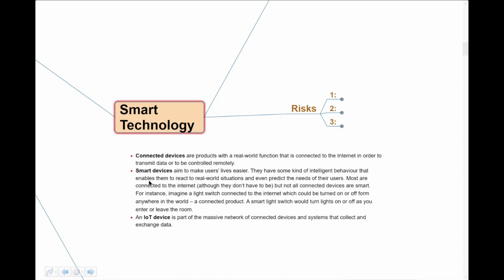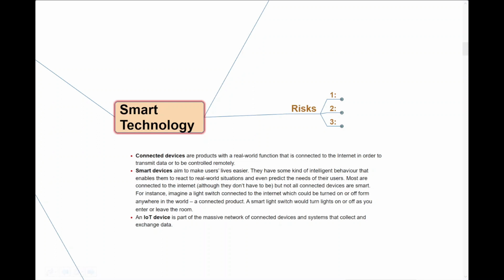Smart devices, as we said up top when we talked about smartphones, are designed to make users' life easier. They have some kind of intelligent behavior that enables them to react to real-world situations and even predict the needs of their users.